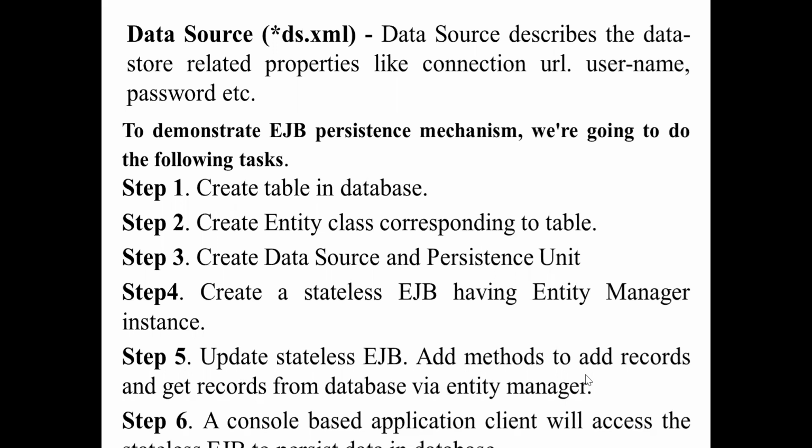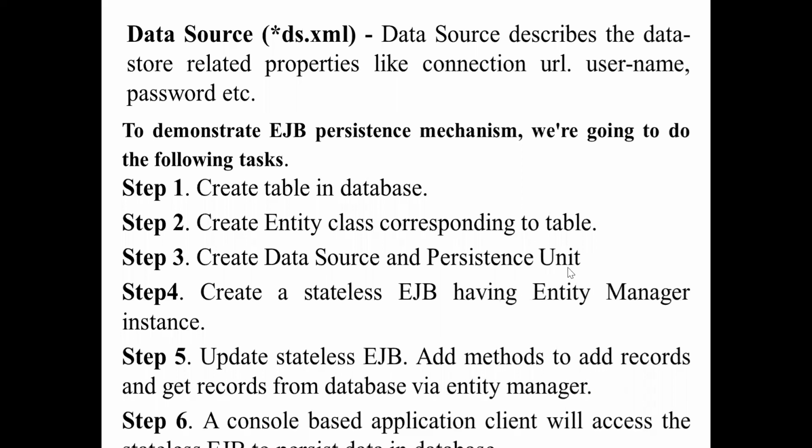And finally, we use the console-based application client to access the stateless EJB to persist data in the database. So these are the steps to demonstrate the EJB persistency mechanism. You can go step by step.